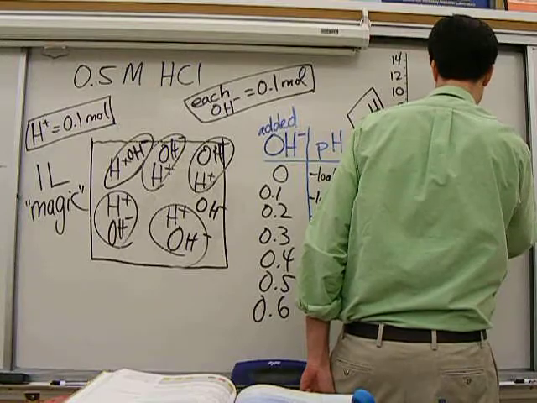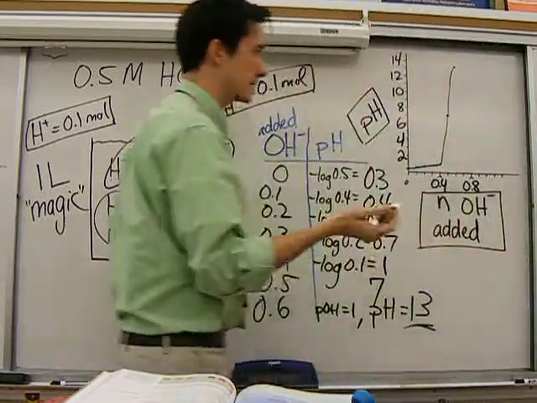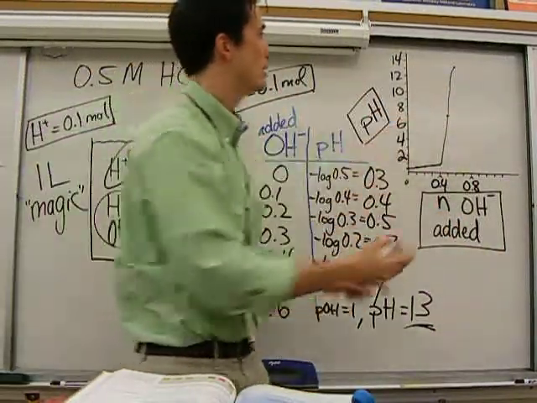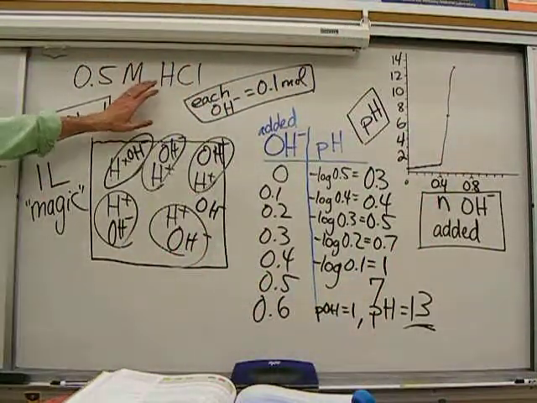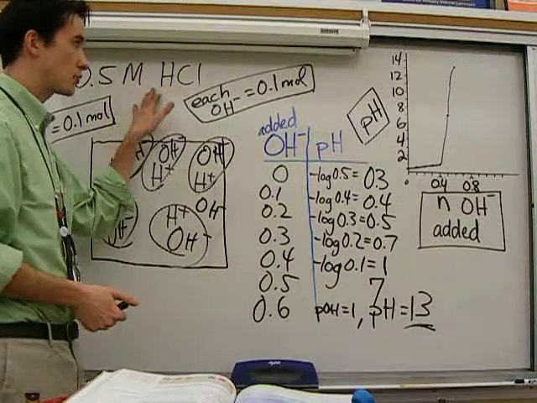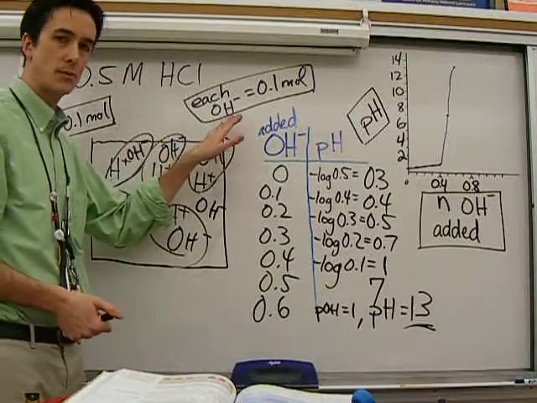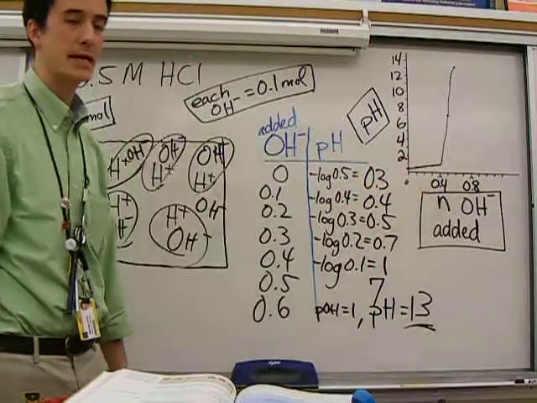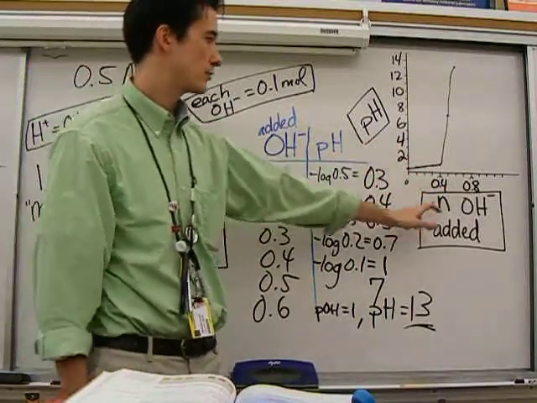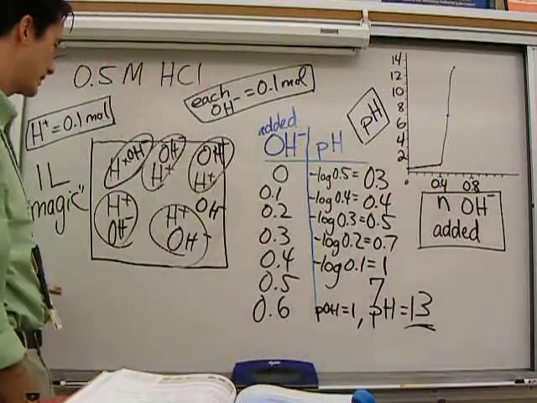Something like that. You see how steep that is. And this is going to continue on. Right? All right, so that's a simple case. We've got a strong acid. We're adding a strong base to it, and this is the curve that you're going to end up with if you look at pH versus how much hydroxide is added.